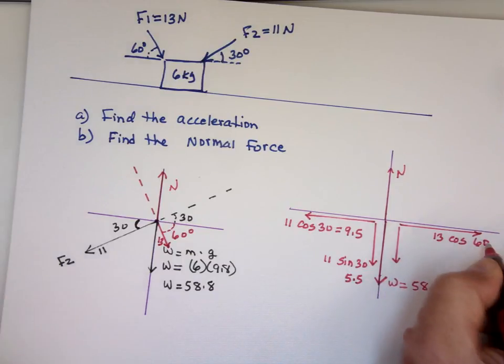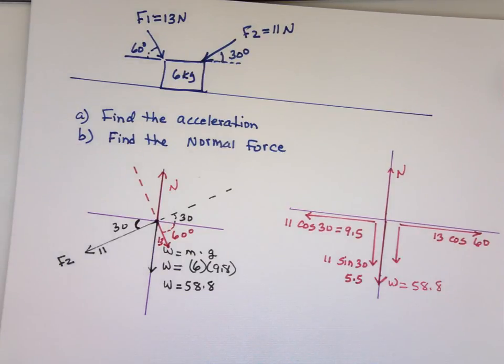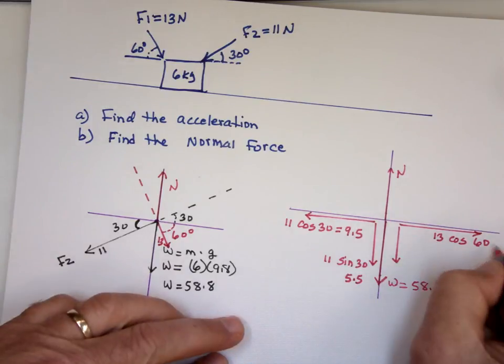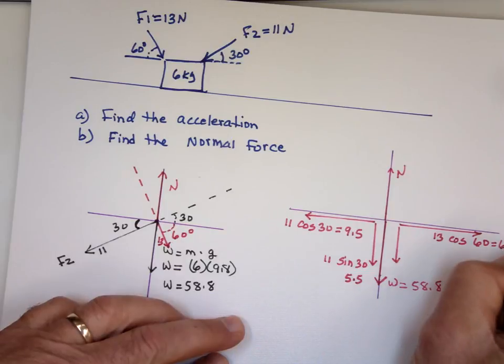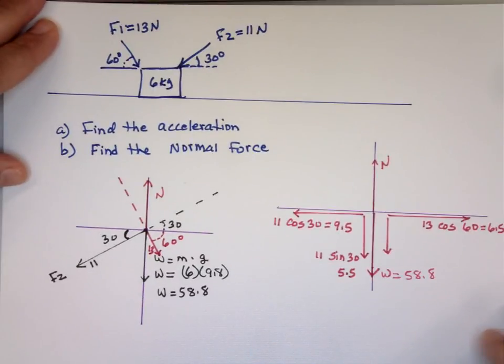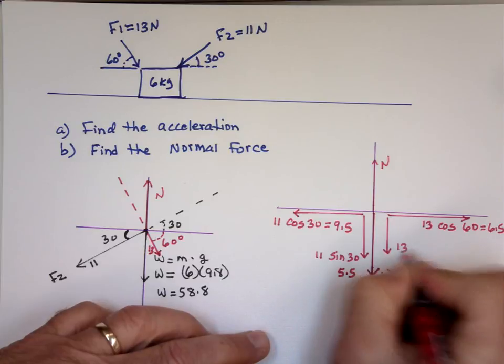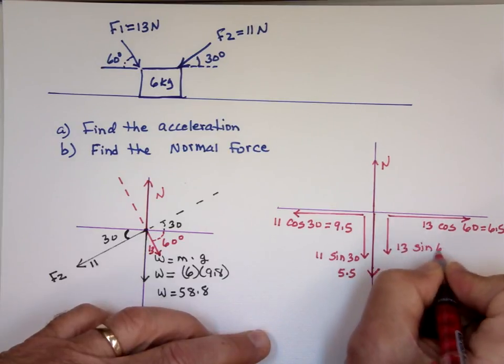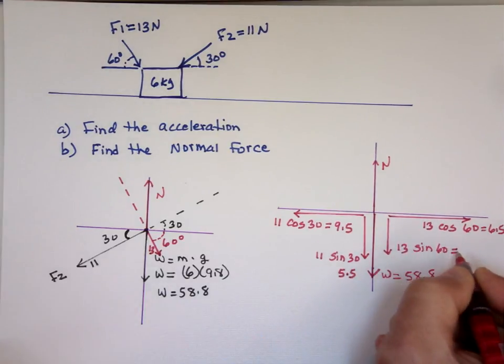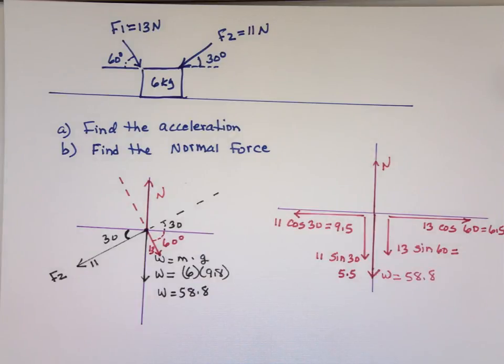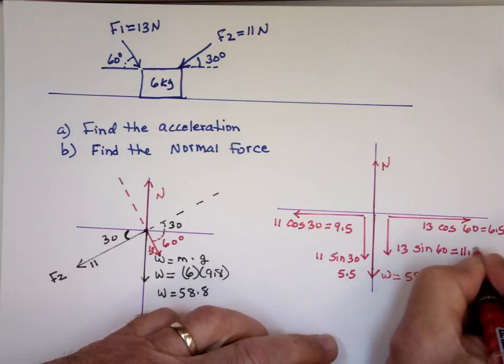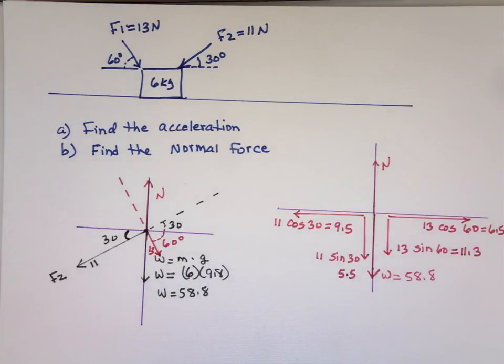Cosine 60, 6.5. And in the y direction, it should be 13 sine of 60, almost a 9. Oh, 11, I'm sorry, not 9. 11.3. So these are all the forces acting on that.